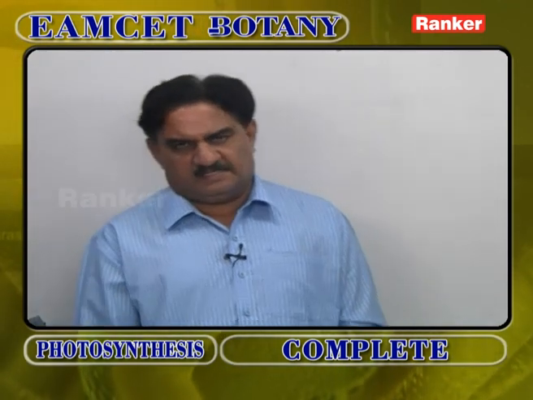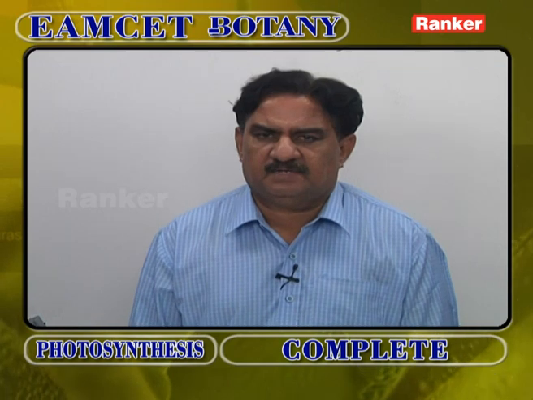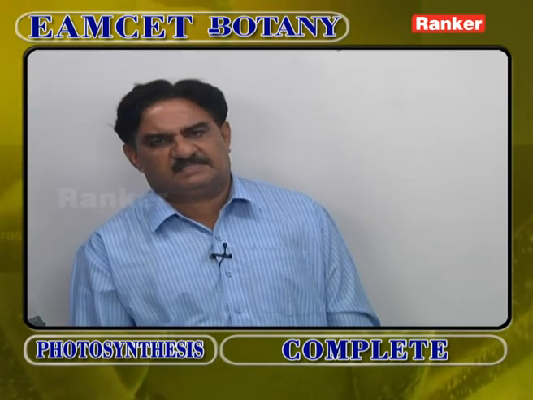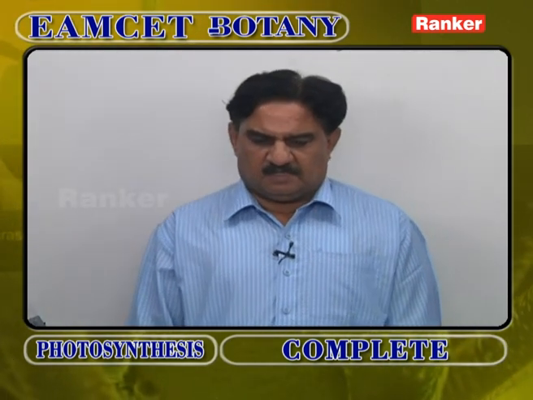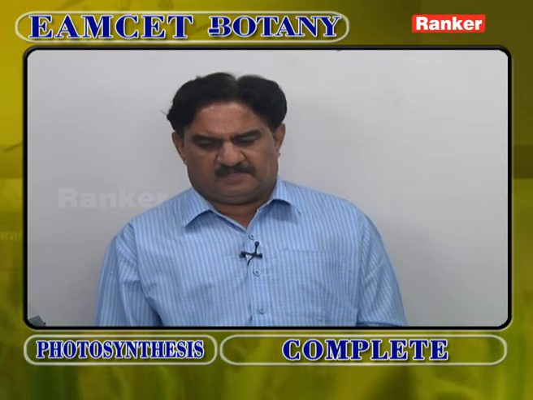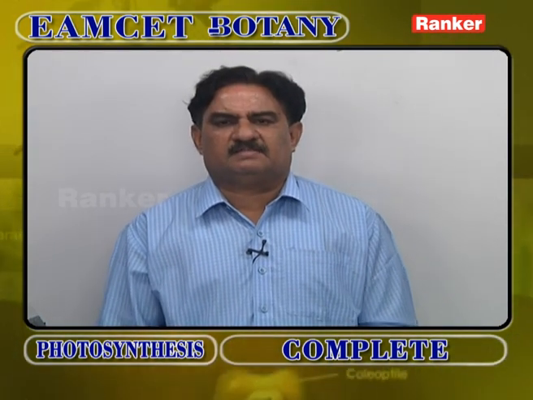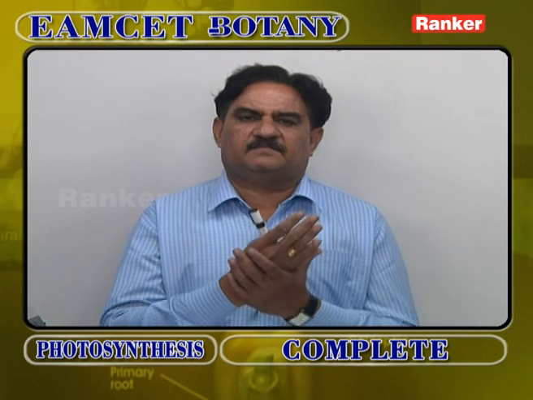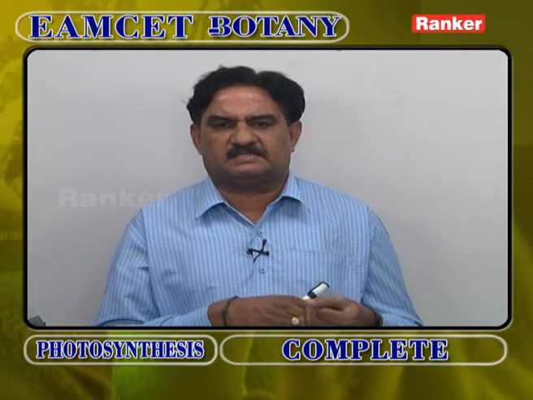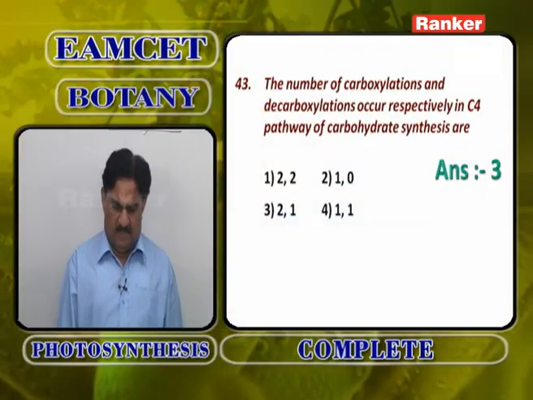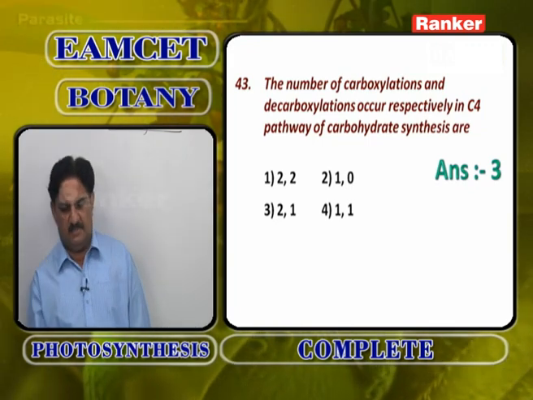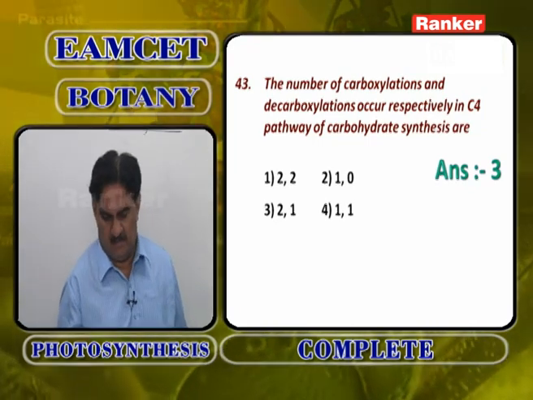In bundle sheath cells, RuBP takes the carbon dioxide liberated from malic acid and performs the C3 cycle. Carboxylations are 2, decarboxylations only 1. Oxidative decarboxylation of malic acid occurs in the bundle sheath cells of C4 plants. So the answer is 2 and 1, third option.